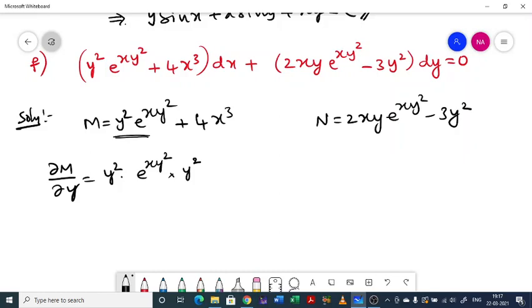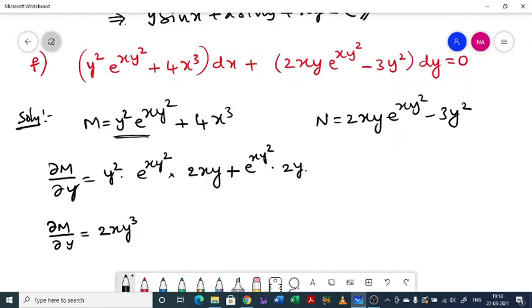So y squared into e power xy squared into 2xy, plus e power xy squared into the derivative of y squared, which is 2y. So ∂M/∂y will be 2xy cubed e power xy squared plus 2y e power xy squared.